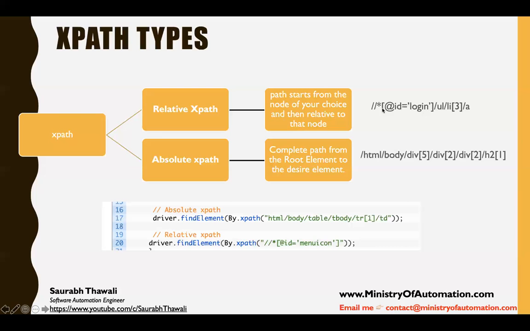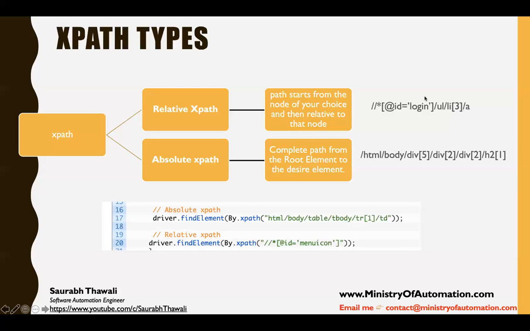So in this example, if you see, let's forget about this /ul and li. If you only write till this, it is also an XPath, right? Where I'm trying to identify, let's say, something called a login tag. But now if I want to travel ahead from this tag, what I will do is /ul /li of third index and then a.